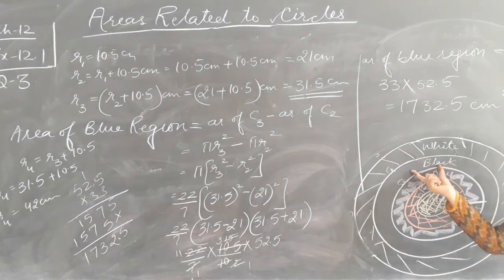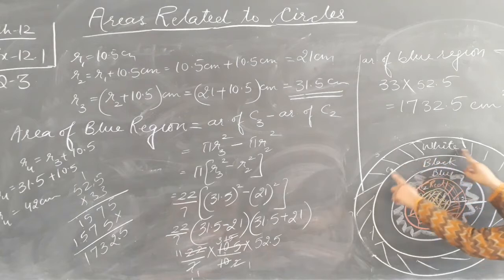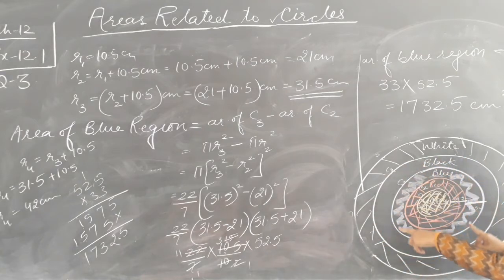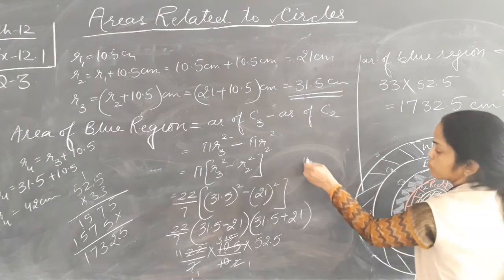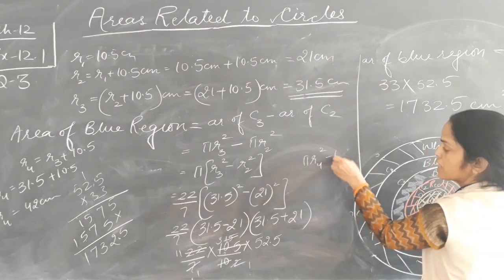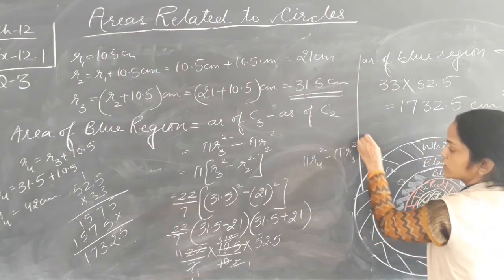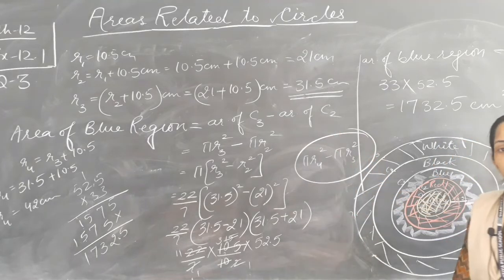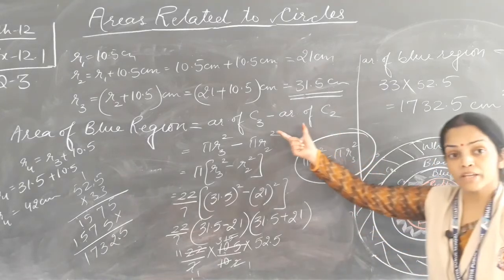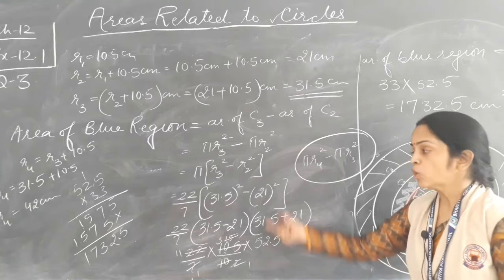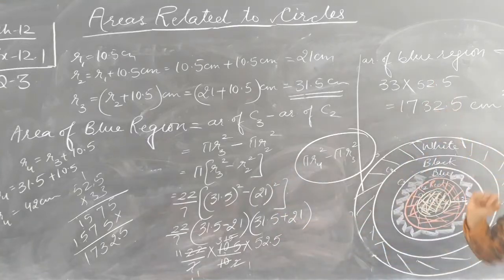In this way we got R4. Now how to find out area of this black region? Area of C4 minus area of C3. So we'll get pi R4 square minus pi R3 square. This will be the formula for area of black region. Pattern will be exactly the same, totally same. Only calculations you have to do properly.